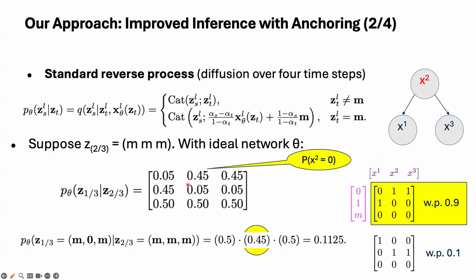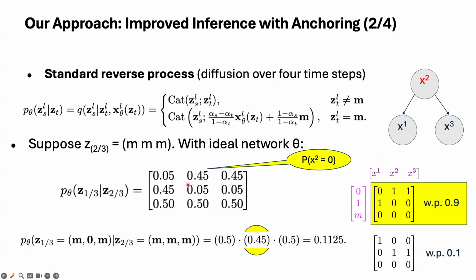That's the state at some point, and you ask what happens in the next time step. You can go through the calculations and get the next state matrix as the following. I'm just going to focus on one column. This is for this particular switch, x2. It says with probability 0.45, it is 0. At 0.05, it's 1. At 0.5, it's masked. That makes sense, because 90% of the time it's here.